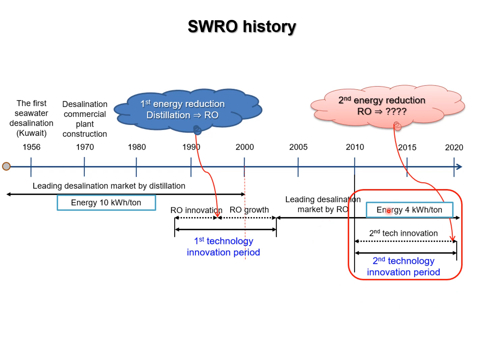This is the second technology innovation. So look at distillation at 10, and nowadays we can operate with energy reduction by up to 4 kilowatt hour per cubic meter. So we can study for reverse osmosis how to design better than this.